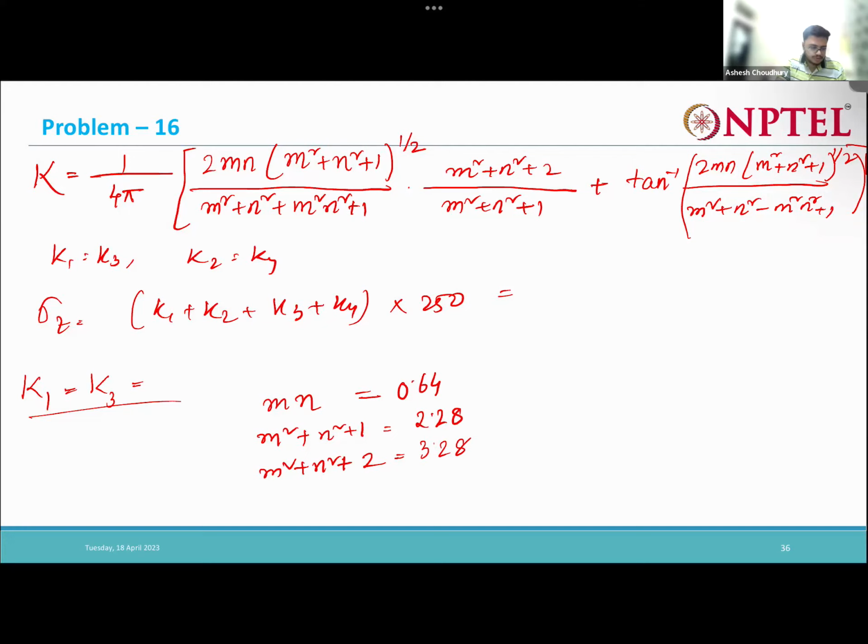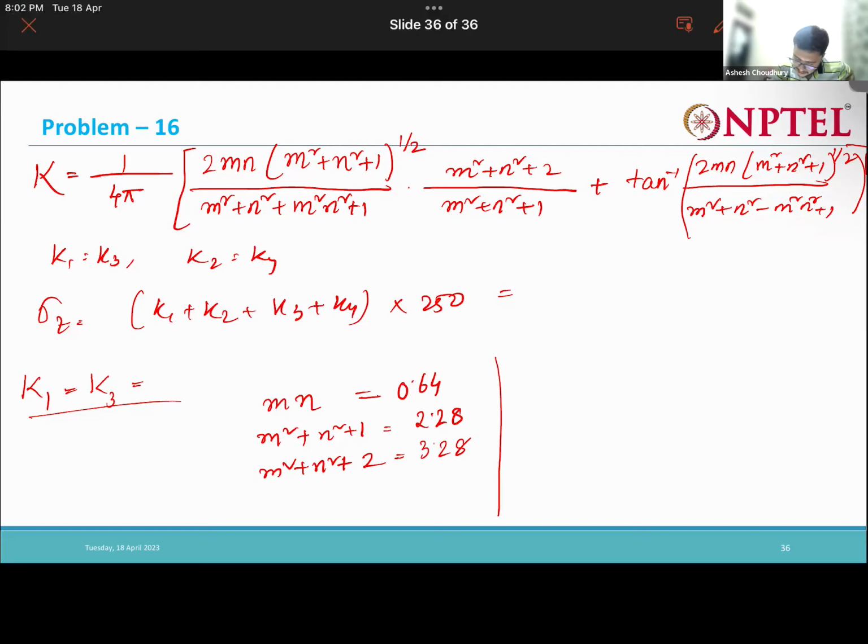Now, so that there is no mistake, you find the value of this tan inverse portion, this angle. Please find the value of this angle.